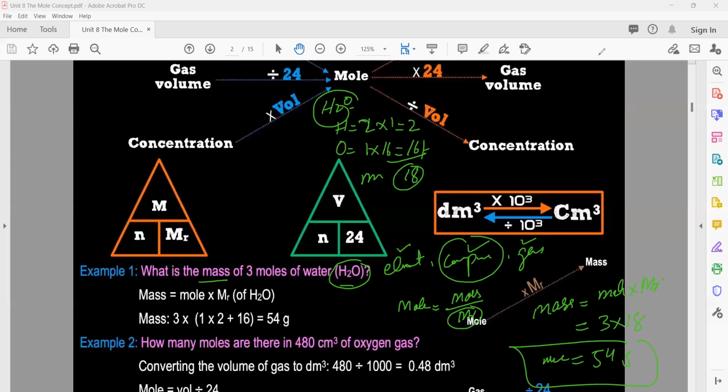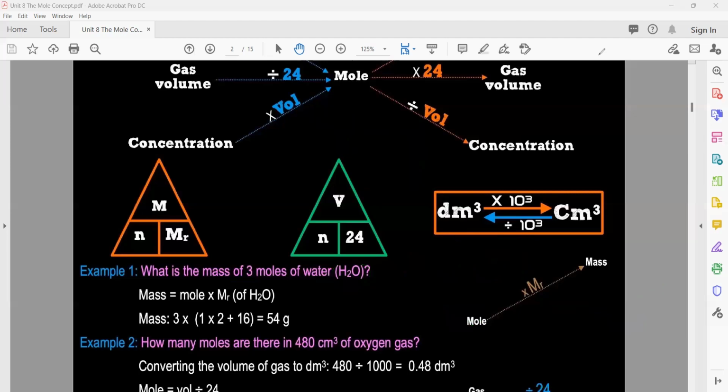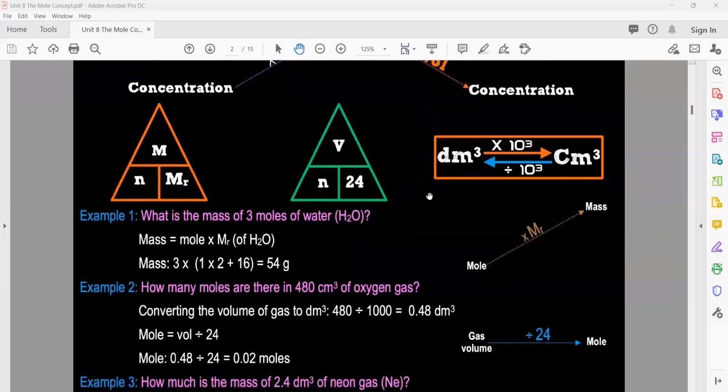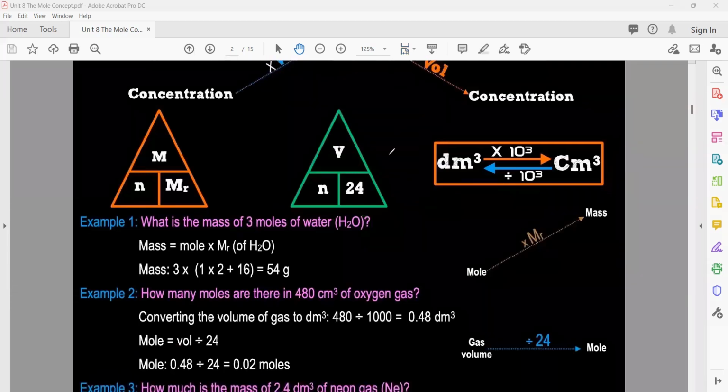Now for gas, you see they have given one question here for the gas. For example, they ask about a gas, and which gas? Oxygen. So what is 480? That is volume. And what do they need? Moles.